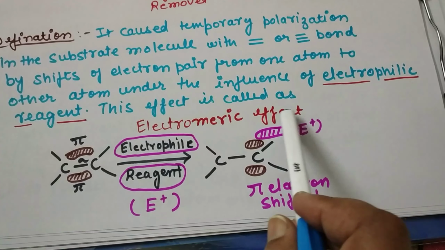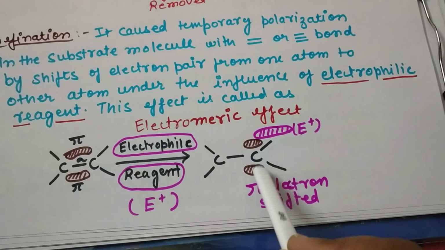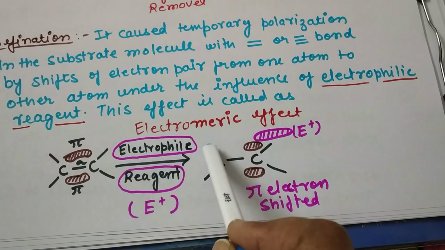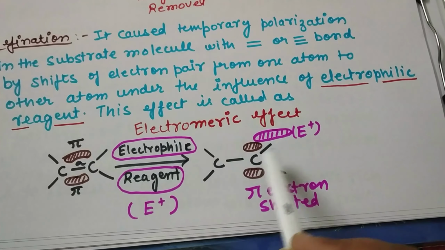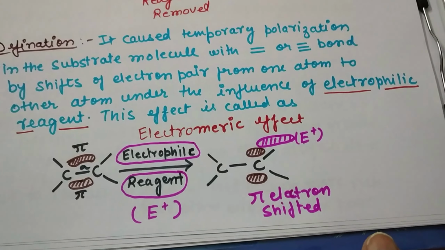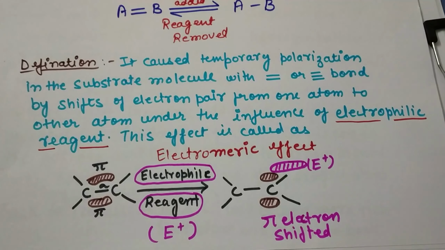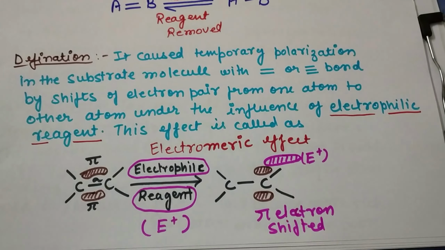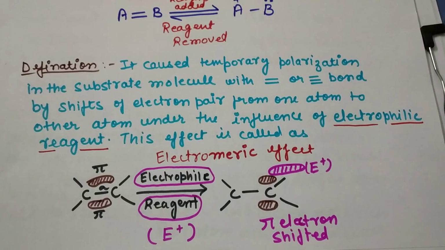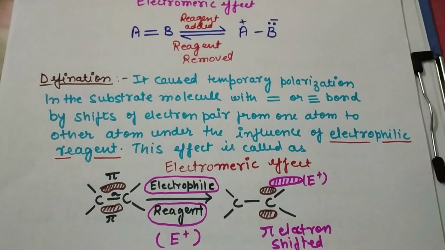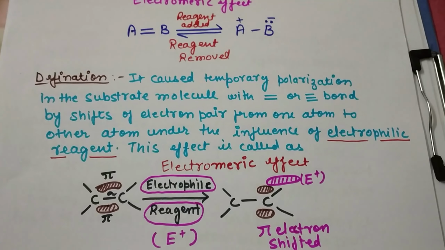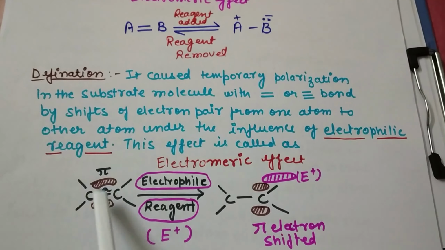If you remove this electrophile, again these pi electrons will be shared between these two carbons. So it means it is a reversible reaction. It only depends on the presence of the electrophilic reagent. If this reagent is present, it will produce the electromeric effect. But if the reagent is removed, again you will get the initial substrate with the double bond.